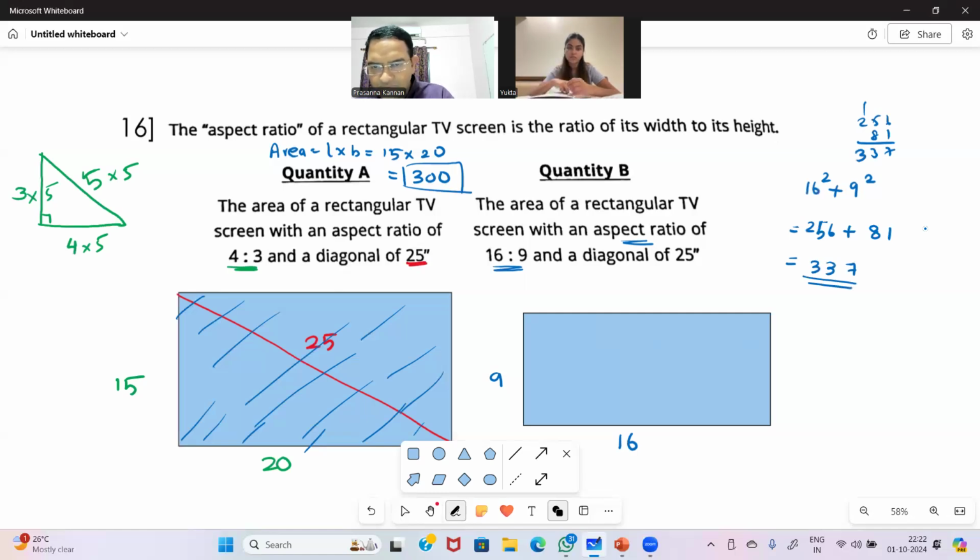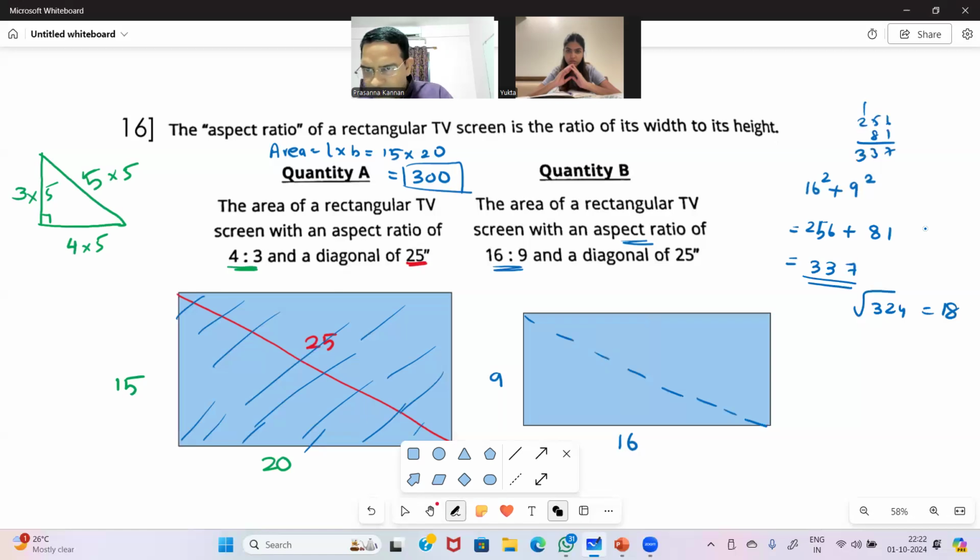So the root of that, if I say 324, the root is 18. Correct? So 18 point something is going to be my diagonal if it is 9 and 16.